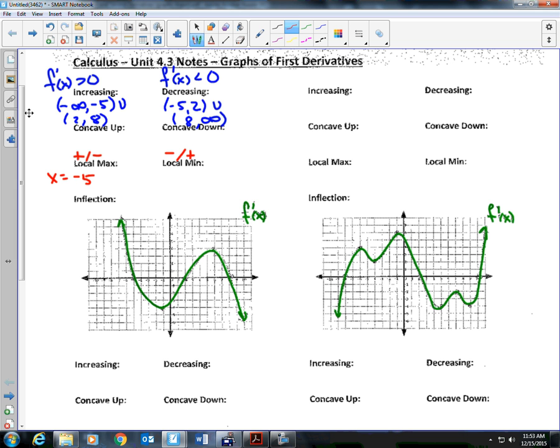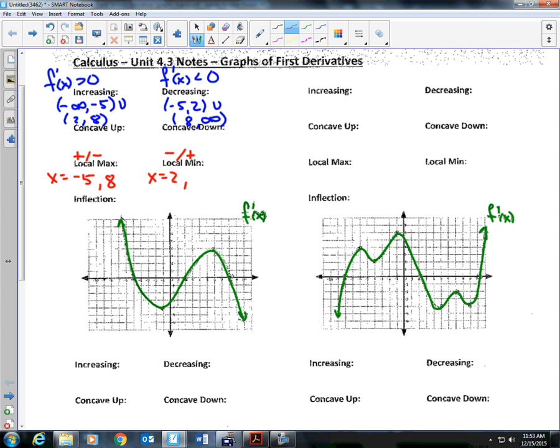A min is where I change from negative to positive. Am I negative or positive right here? I'm negative. I'm below the x-axis. And I change to positive. I'm above the x-axis. So therefore there is a min there, and then I change from positive to negative, so therefore I have a max there.